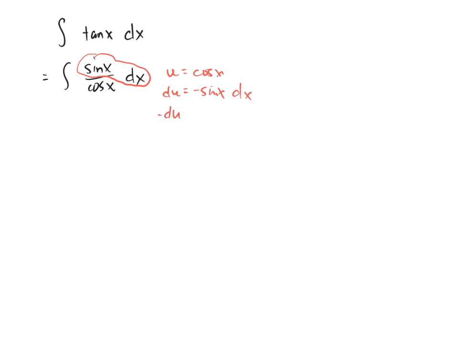So I'm going to make this negative du is equal to sine x dx, and so what that means is that I can replace that circled part in red with negative du, and what's left is cosine of x in the denominator, and so that's going to be my u to the minus 1. So this again will fit the logarithm rule, and it'll be negative natural log of the absolute value of u, which is cosine x, and then plus c.